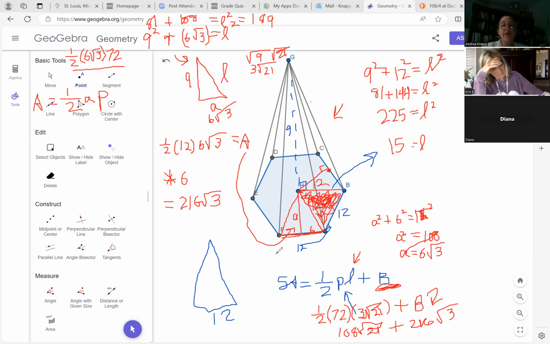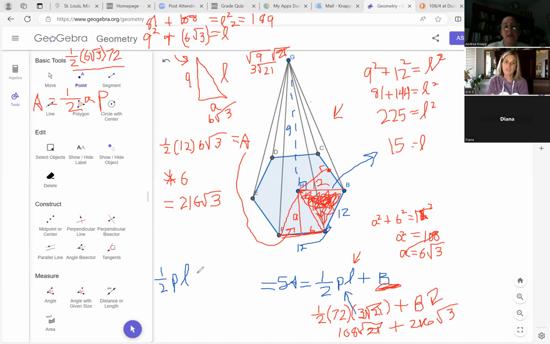So we could have rewritten this surface area formula a little more descriptively. I'm just going to put it on the other side of it. Okay, so the half times the perimeter times the slant height gave us the areas of all of the triangular faces.